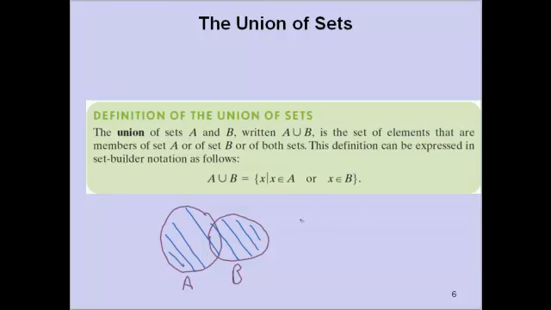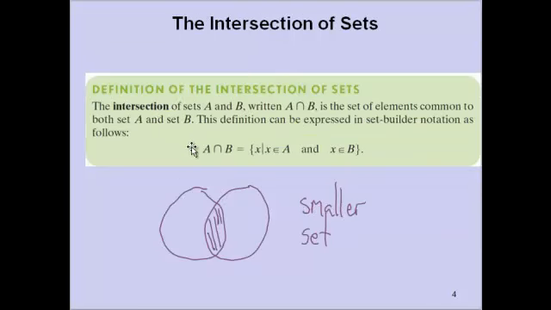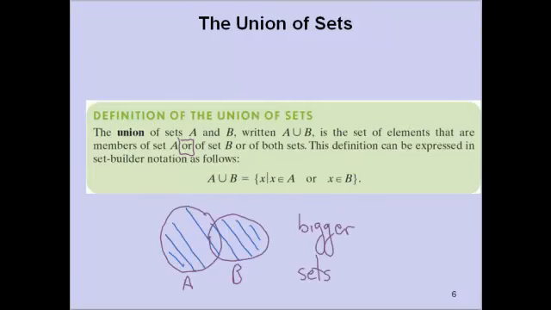And so unions are almost always bigger sets, instead of smaller sets. And that's because of the OR as opposed to when we had the intersection of our sets, that was the AND. And that was one of our learning objectives, right? So we want to make sure that we understand that. Okay? So there's our union of sets.